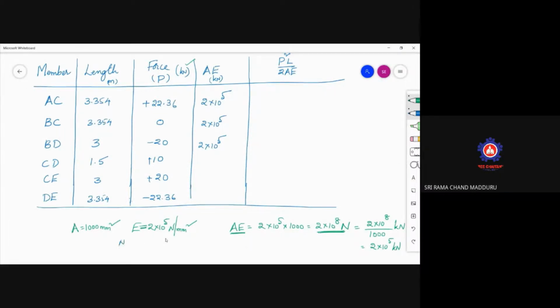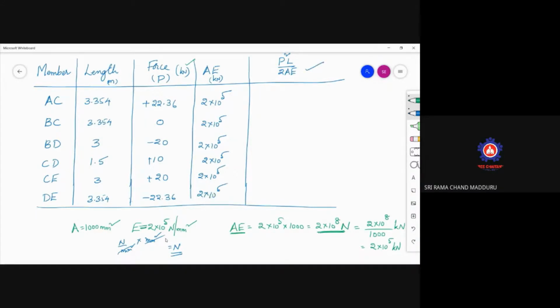Newton per mm square into mm square, so mm square is cancelled and the answer is Newton. So 2 into 10 power 8 newtons, and you have to divide it by 1000, which is 2 into 10 power 5 kilonewtons.